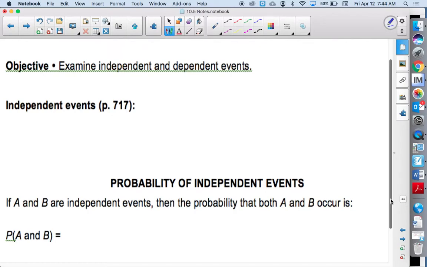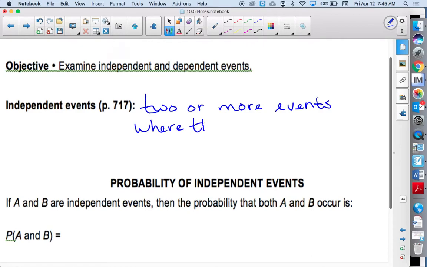Julian? It's not like multiple events, but like what you do for the first one doesn't affect the outcomes of the other. Exactly. So it is multiple events. It could be 2 or more. And he said the outcome of the first event doesn't affect the outcome of the next.